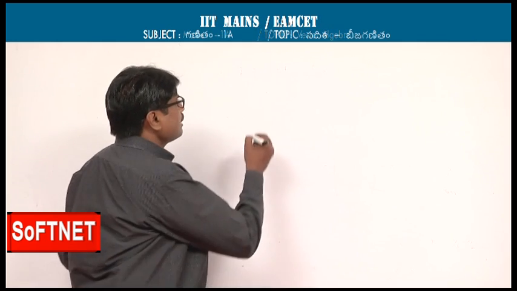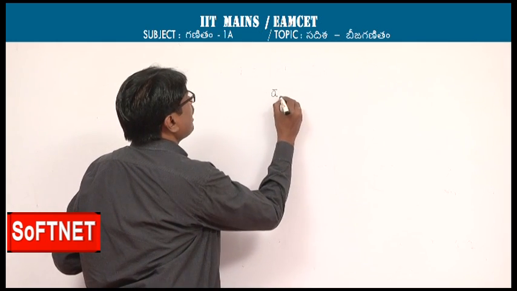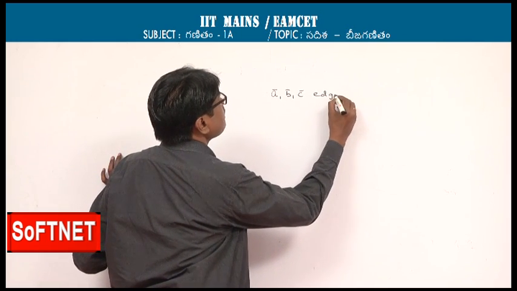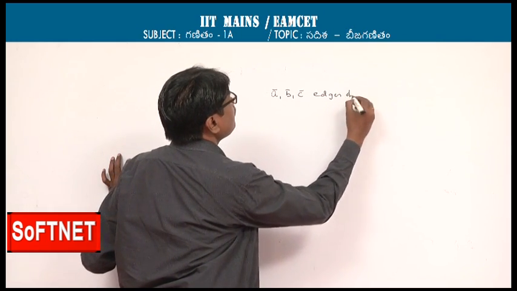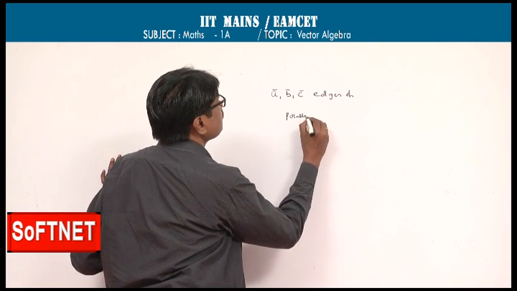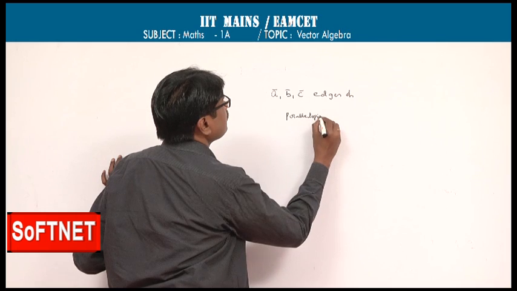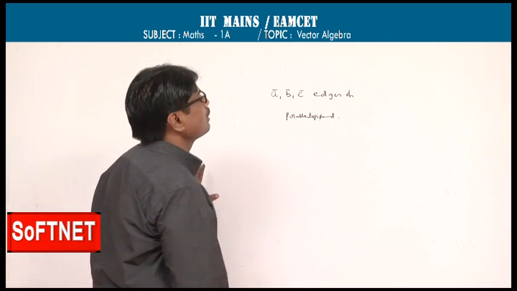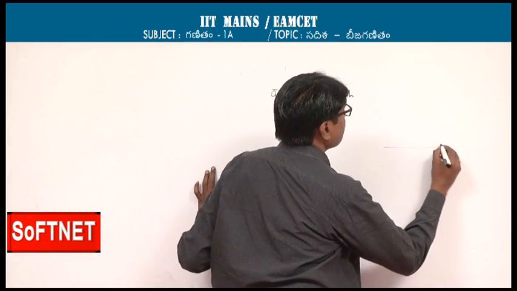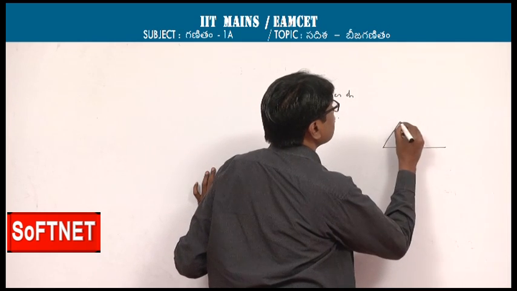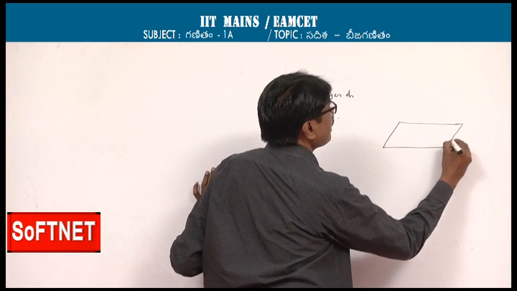A bar, B bar, C bar are edges of a parallelepiped, coterminous edges of a parallelepiped. Consider a parallelepiped with A bar, B bar, C bar as the adjacent sides.